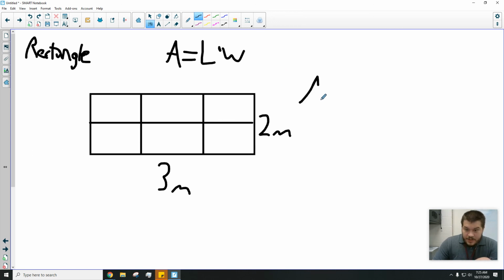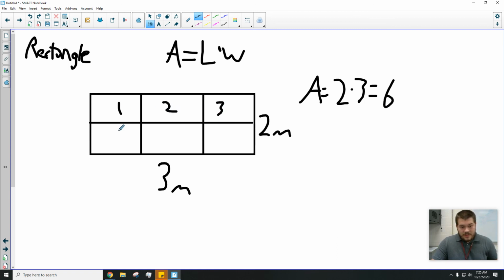So for this area, I should be able to say that the number of blocks on the inside is 2 times 3, which is 6. Now, if I want to check that, well, 1, 2, 3, 4, 5, 6. So yes, I found the total amount of space inside of the rectangle by multiplying length and width.